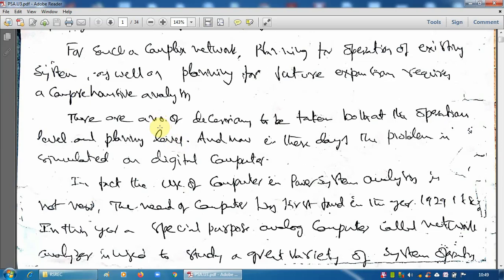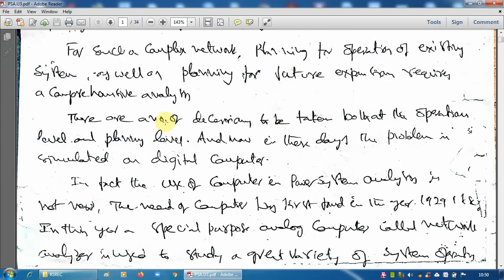Like any other electrical network, the solution contains determination of node voltages, determination of currents, and thereby powers in all the interconnecting lines. That is the main data that we are going to obtain from this load flow study.